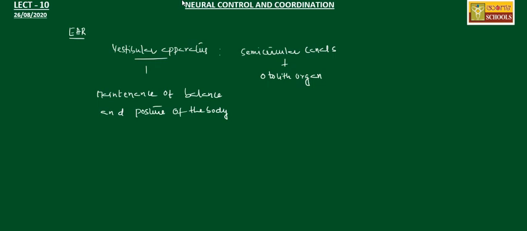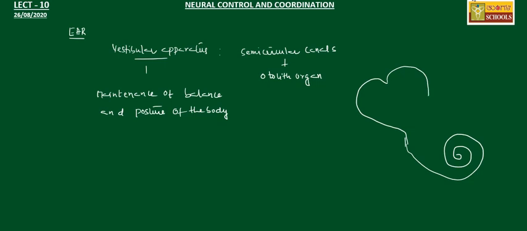Let's see, at the base of the cochlea is located this vestibular apparatus. So this is the cochlea here, and from here we have the semicircular canals.